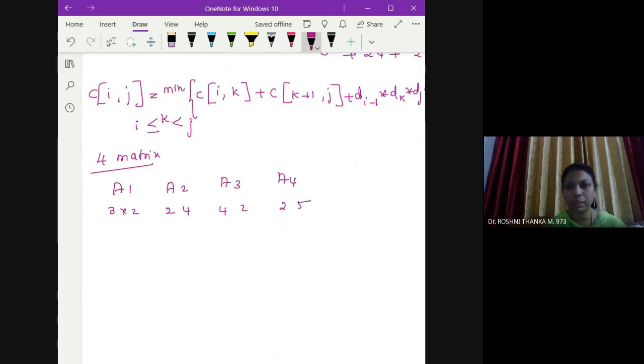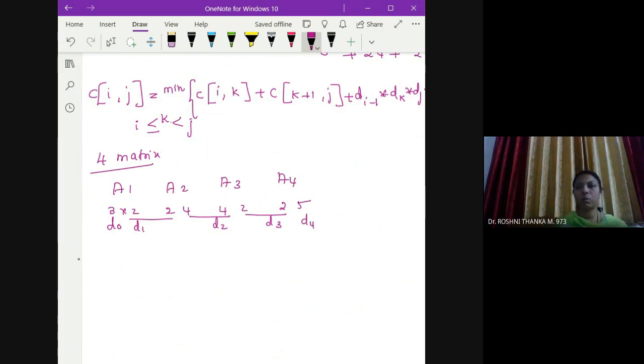Always remember these two should be the same, these two should be the same, and these two should be the same, which means the column of the first matrix and the row of the second matrix should be the same, then only we can do that multiplication. Let us also give these dimensions names: D0, this is D1, both are the same. Here we can say D2, here D3, and that is D4. Okay, so now let us start applying this equation for all these combinations.